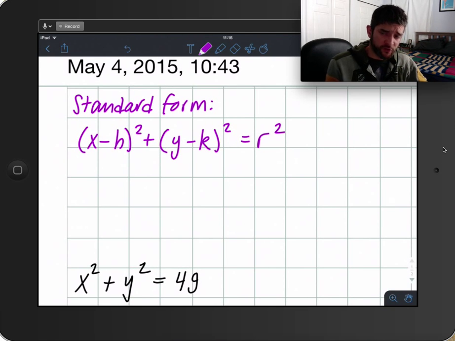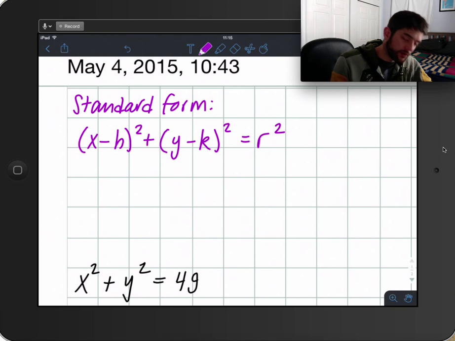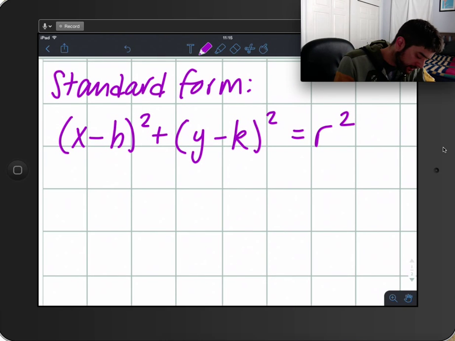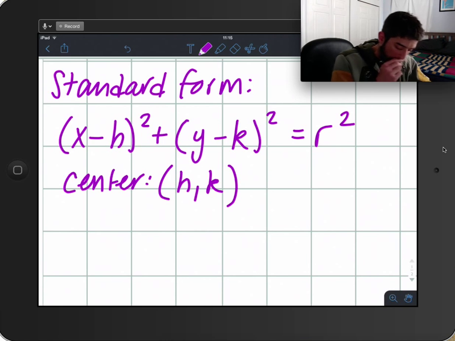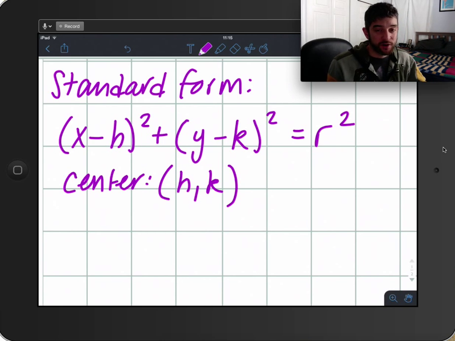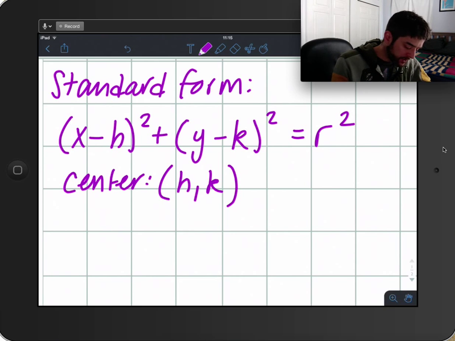Now the standard form of a circle is x minus h quantity squared plus y minus k quantity squared equals r squared. This equation tells us some very important information, and one of them is the center, which is at h comma k. This is also sometimes called hk form because there's h's and k's.